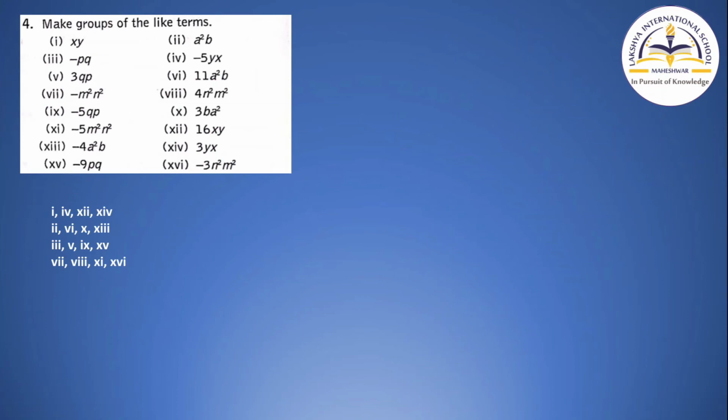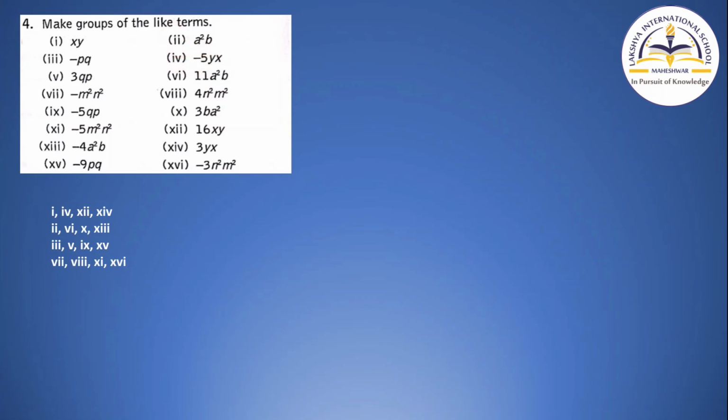Now question number 4, make groups of the like terms. Now you can see here is xy. So first, fourth is also of the same, yx. Fourth here, next yx, xy, 12. Then again in this one, that is 14. Now second one we will see a square b.